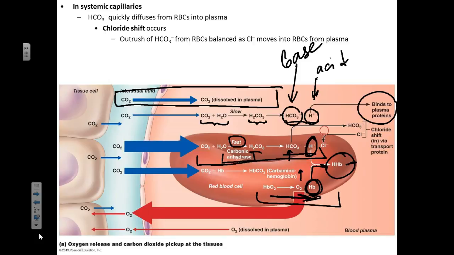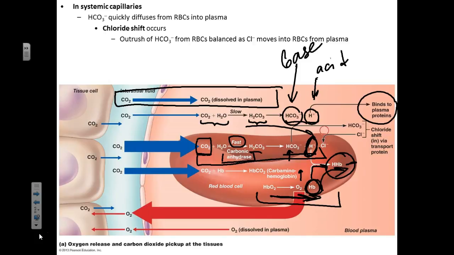Okay. More oxygen is released. Unloading increases. But what actually increases the production of protons in the red blood cell? CO2, right? So increased concentration of CO2 in the tissues will increase the proton production, will increase the unloading of oxygen from the hemoglobin.